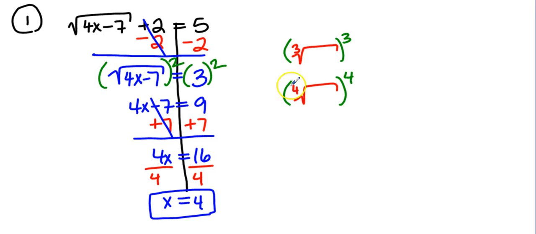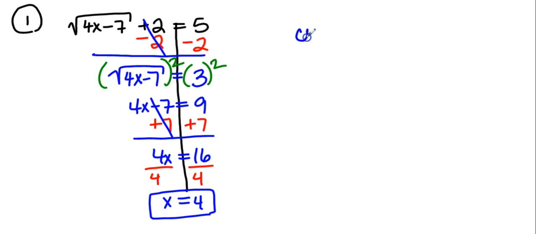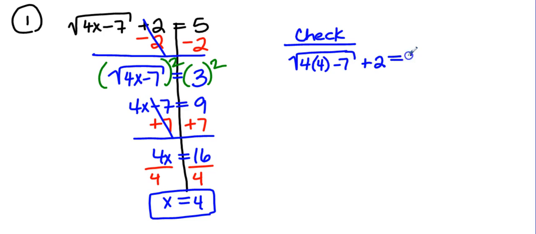For these ones, we will always check our answer. So let's do a quick check. Wherever I see x, I will be putting in a 4. So that's 4 times 4 minus 7, close it, plus 2 equals 5. So let's see. This is always going to stay 5.